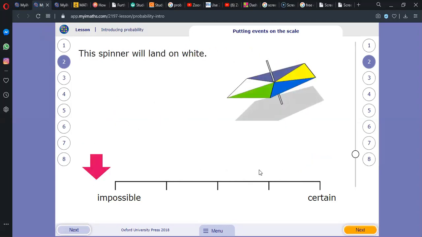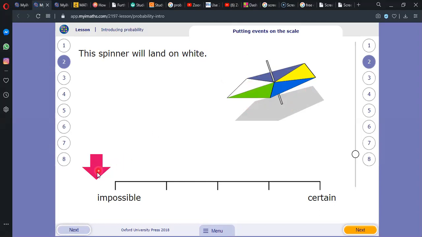We have a spinner here. Will this spinner land on the white part of the spinner? This is white, and you can take the others to be maybe purple, yellow, green. I have 5 different colors here. So for you to land on white, the chance white has is 1 out of 5.